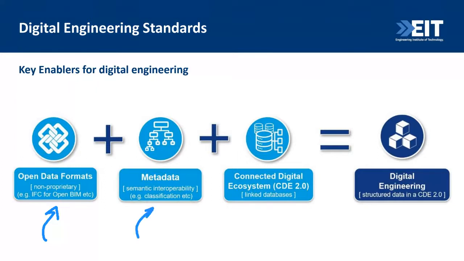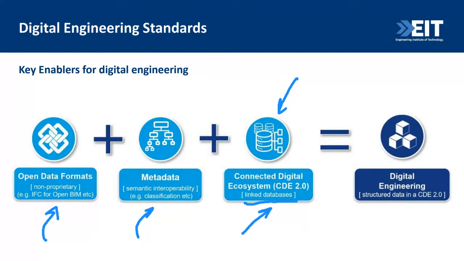We have metadata that are, for example, semantic interoperability. So they connect the databases to each other, and also then build up the connected digital ecosystem that we call CDE 2.0. This is the link between the databases, and also this is the key element that we are keen to have in digital engineering.